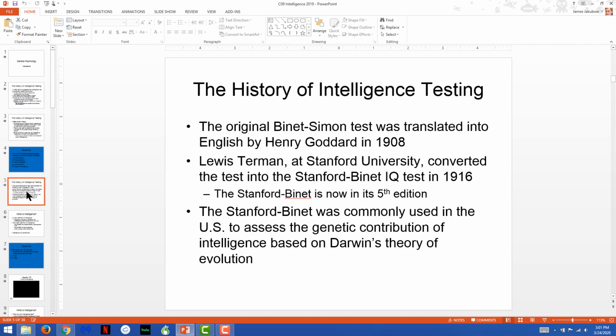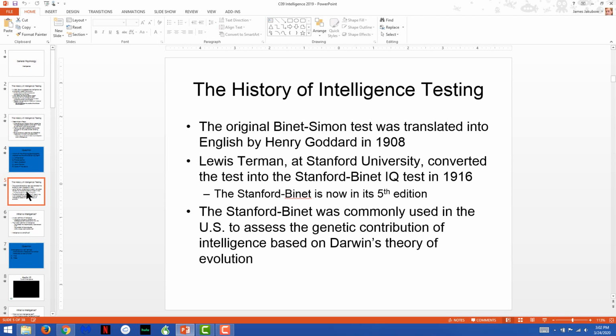The Stanford-Binet test is still around. It's now currently in its 5th edition. And as you might imagine, these tests have to be updated every 10 to 20 years or so, because as society changes, as the common vocabulary words that people use change, as technology changes, there are going to be different types of questions on IQ tests that reflect what's actually happening in society at that time.